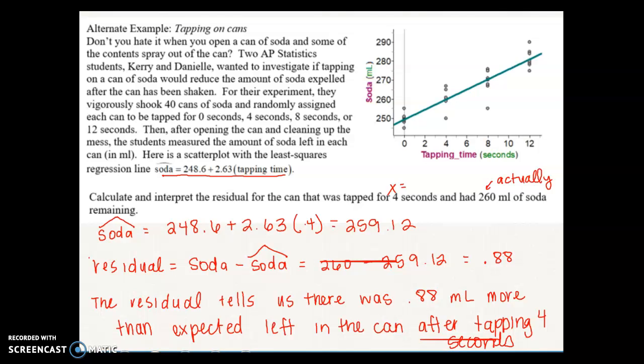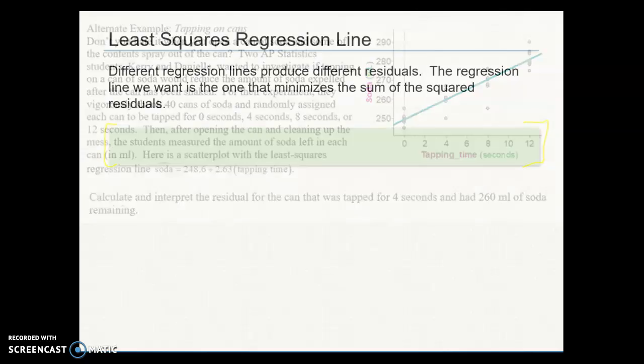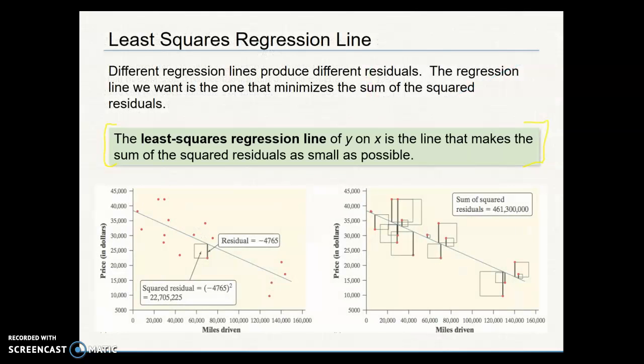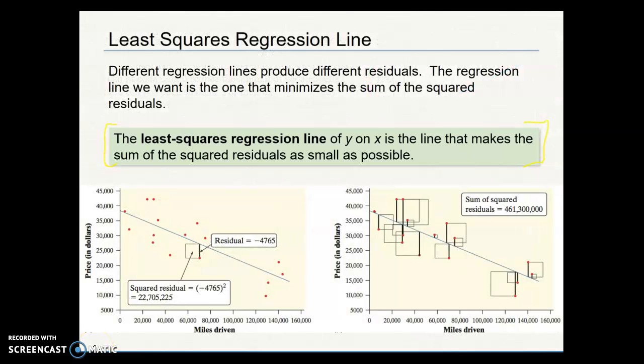From those residuals, we can find our least squared regression line. Okay. There's no spot on your notes to put this in, but I would definitely put in what the least squared regression line is. So think about how we found standard deviation, and our deviation by itself all added up to 0.